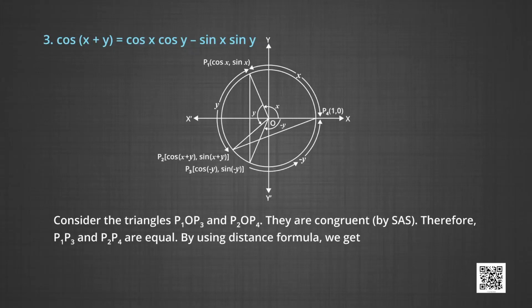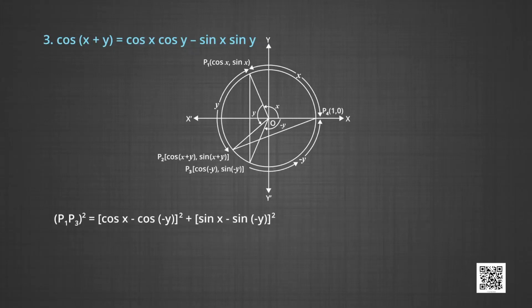By using the distance formula, we get P1P3 the whole square is equal to cos x minus cos of minus y the whole square plus sin x minus sin of minus y the whole square, which is equal to cos x minus cos y the whole square, because cos of minus y is cos y, plus sin x plus sin y the whole square, because sin of minus y is minus sin y.